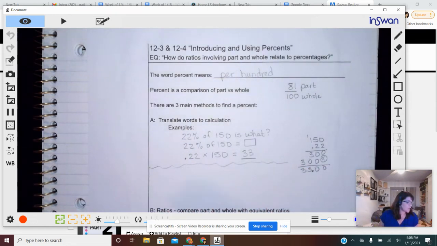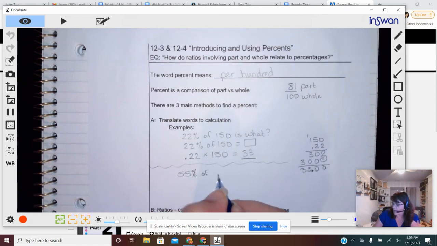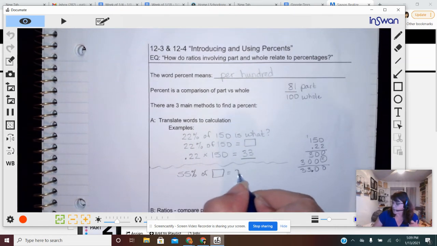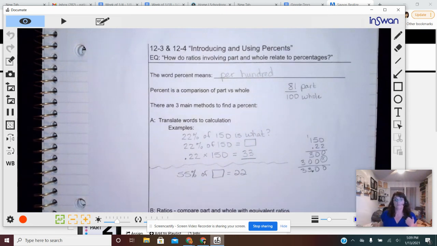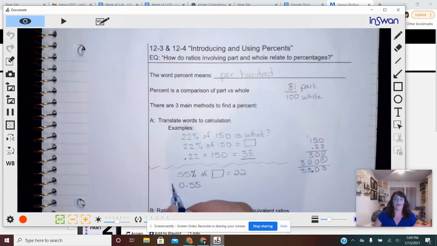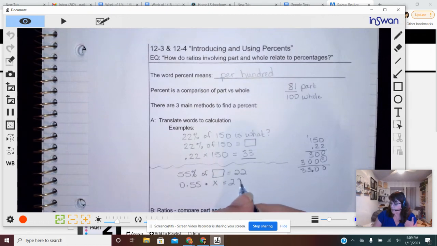In this case, we're going to say 55% of something is 22. 55% is also 55 hundredths times, and I'm just going to use x for a variable. You could use n.